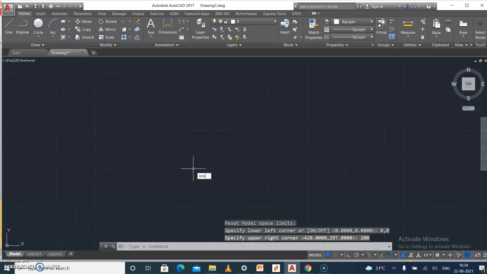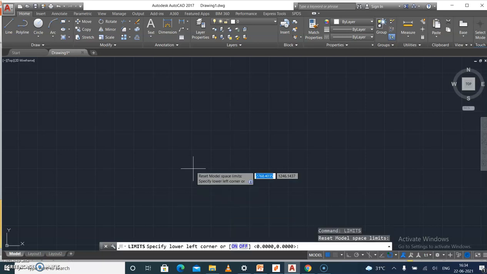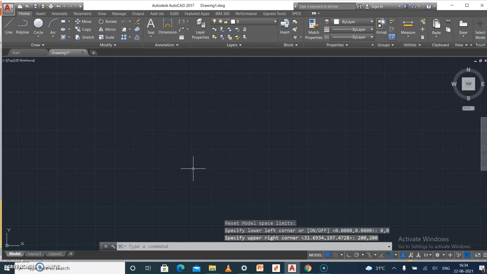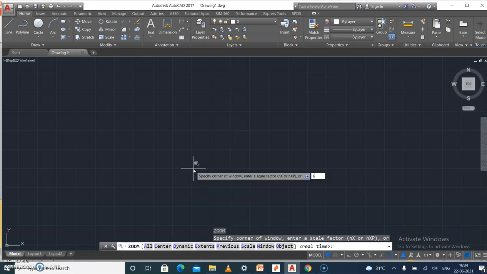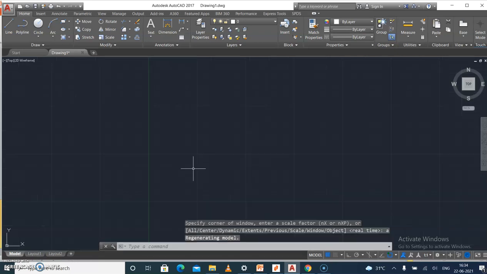Sorry, limit, 0, 0, enter. 200 by 200. Now apply this with Z, enter, A, enter. Okay. Now let's start the diagram.